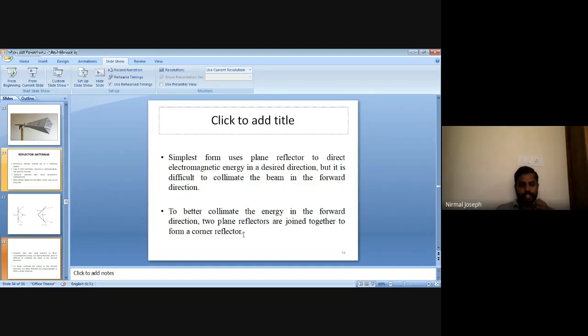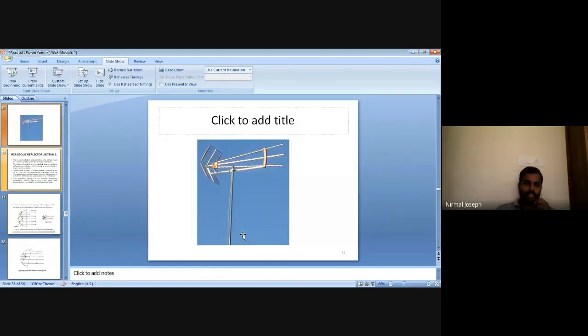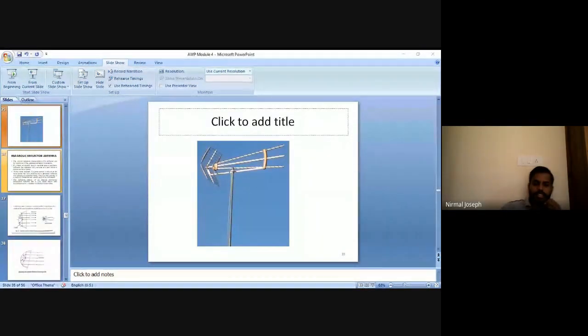These things are very familiar to you. Have you seen an antenna like this? This is just a reflector. At the left end you can see one reflector is placed. This type of antenna was used for terrestrial TV transmission, like the transmission from Trivandrum Doordarshan Kendra, and I think it is still there.